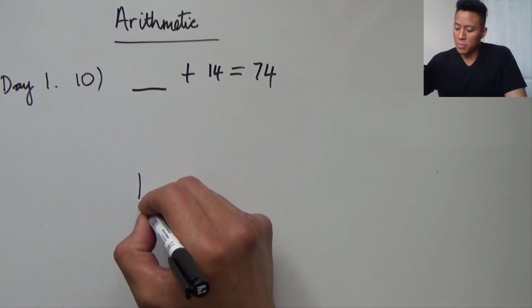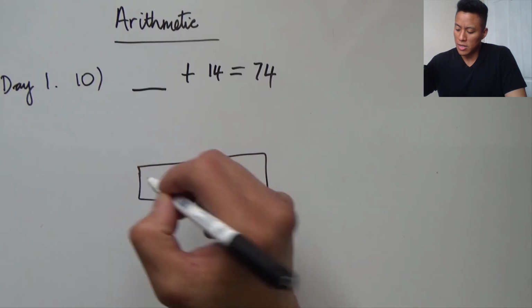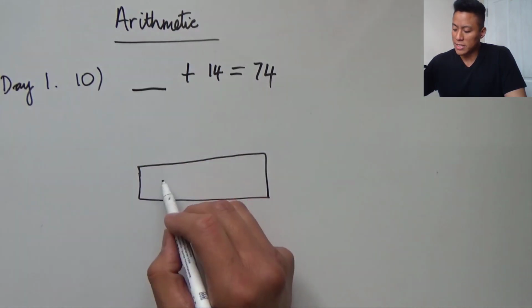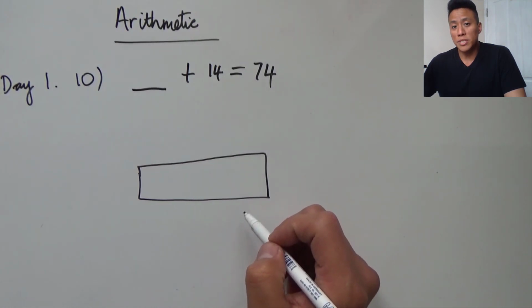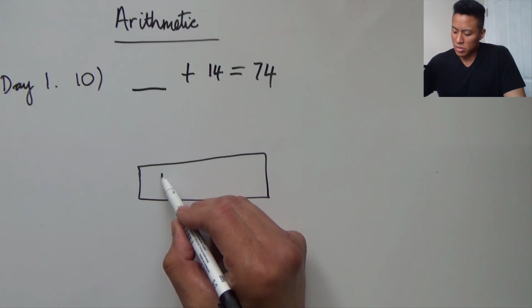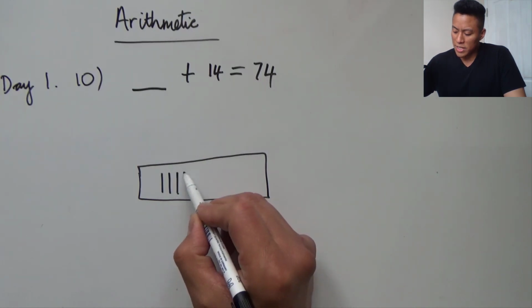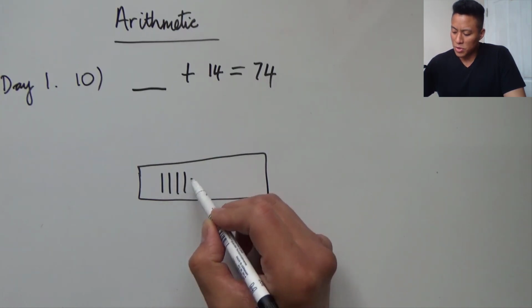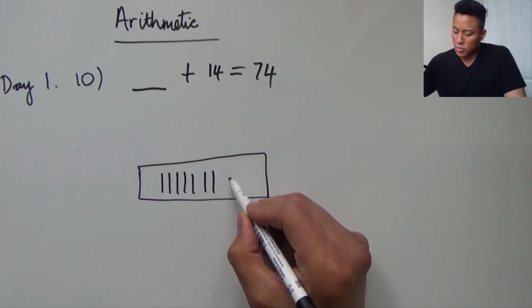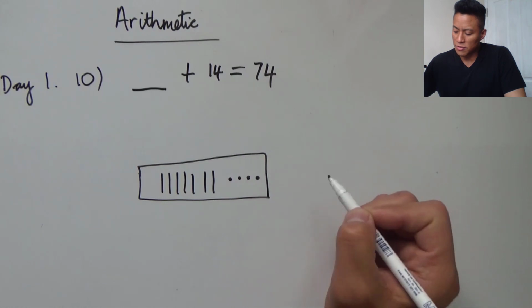So if I use my bar model here, I know that everything over here is 74. Let's say that this whole bar represents 74. I'm going to do something a little bit odd. I'm going to try and use my tens here: 1, 2, 3, 4, 5, 6, 7, and here 1, 2, 3, 4.